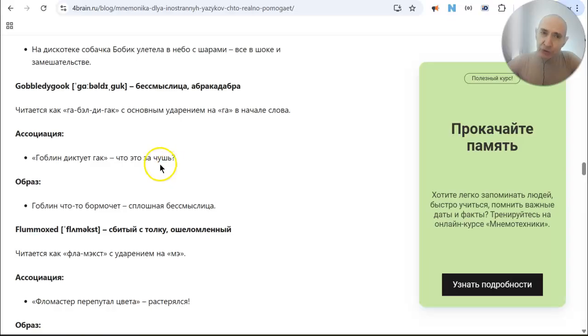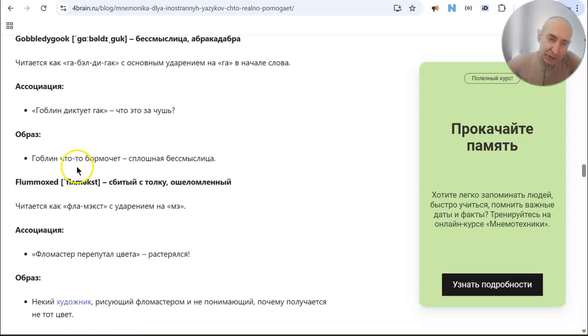Что это за чушь? Чушь means nonsense. But you can underline что за чушь or что это за чушь. Those are two expressions with the same meaning. Что за чушь? Что это за чушь? It means what is this nonsense? So goblin dictates the word gak. What is this nonsense about?